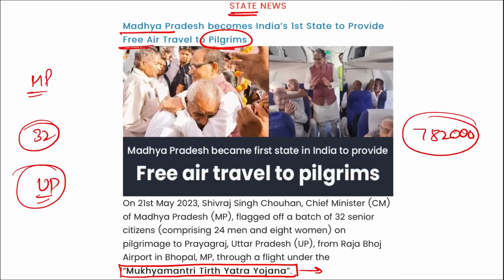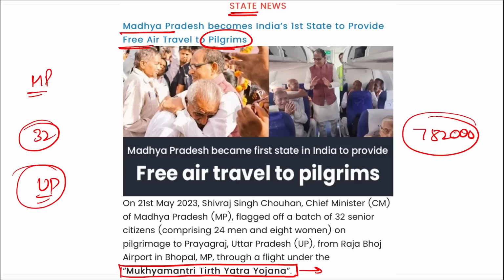So coming back, remember, Madhya Pradesh became the first Indian state to provide free air travel to various pilgrims. Right? Important, take a note of it.